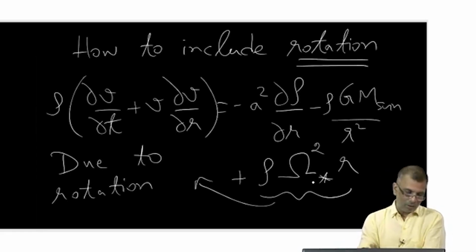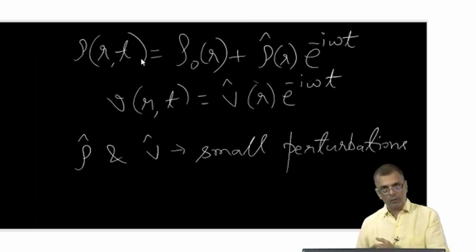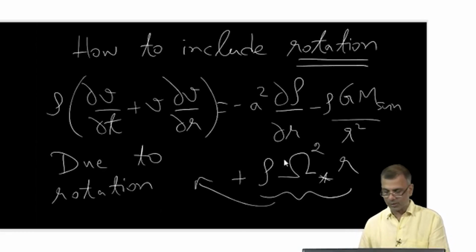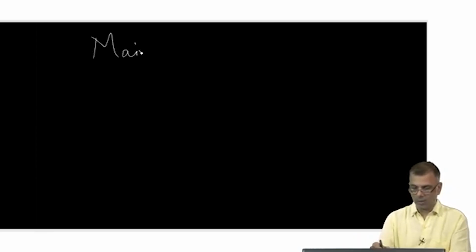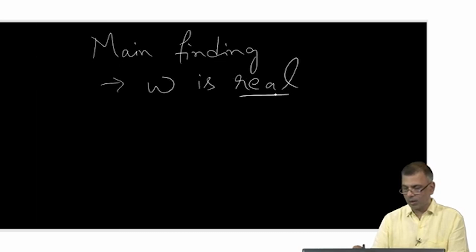Okay. Now, the recipe is the same. You assume this kind of solution. You assume a small perturbation in density, and a small perturbation in velocity, and you put it through the two equations, mass conservation and momentum conservation, except now the momentum conservation equation is modified like this. And the main finding is that omega is again real.